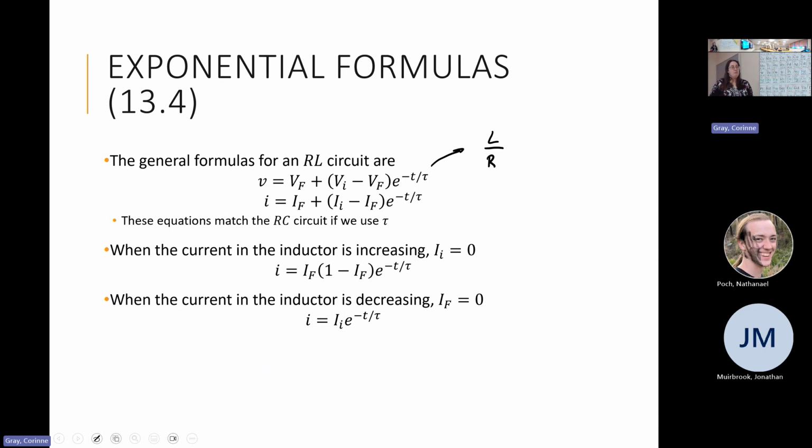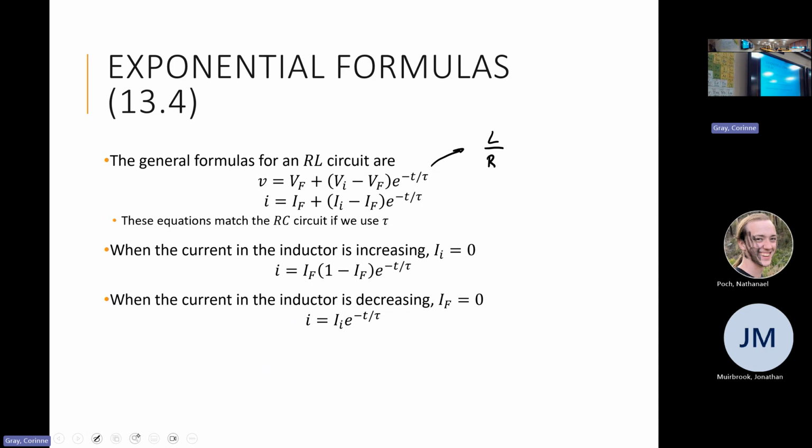We can also, if we wanted to, start here, where we would just say there's initially no current. It would then simplify down to this equation. So both of these are valid starting spots.